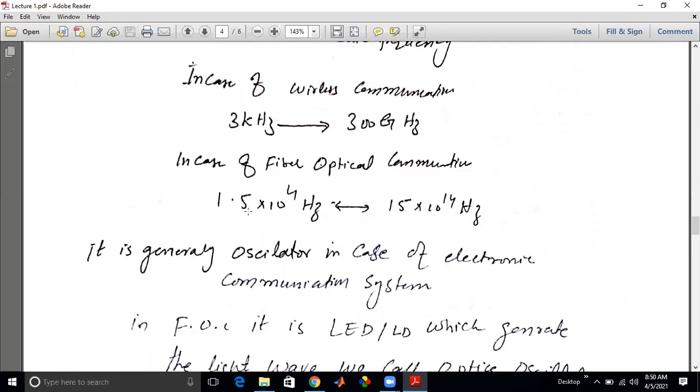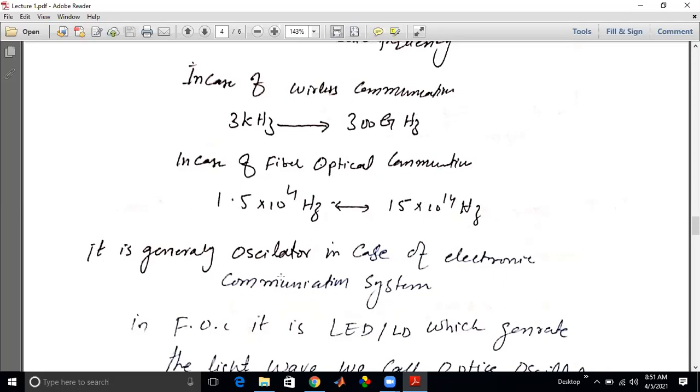It means that the signal will travel very fast in optical fiber as compared to wireless. The attenuation of the signal in the case of wireless will be very large, and the attenuation in optical communication is approximately negligible as compared to wireless.